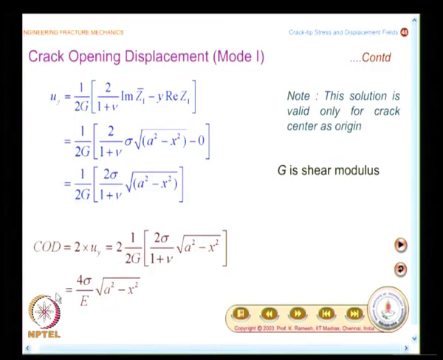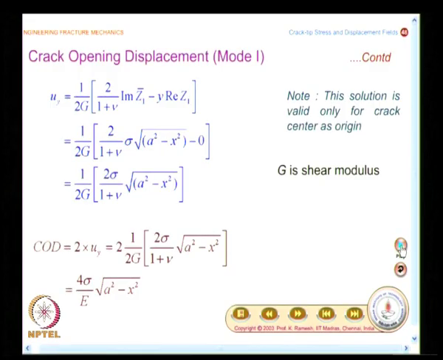When you look at this, this is nothing but the y displacement. So, I can replace this in terms of x squared by a squared plus y squared by b squared equal to 1. That is the general equation of your ellipse. When you refer it with respect to the major and minor axis, the ellipse equation would be like that. So, what you get by looking at the crack opening displacement is a justification that the crack opens like an ellipse.